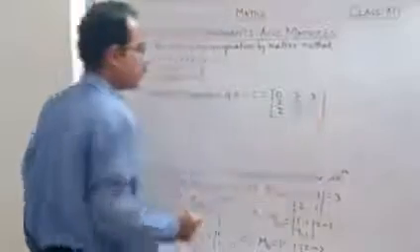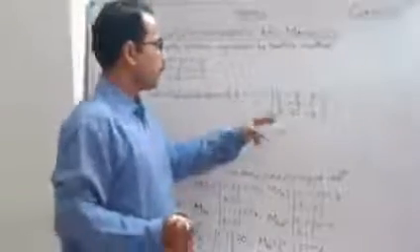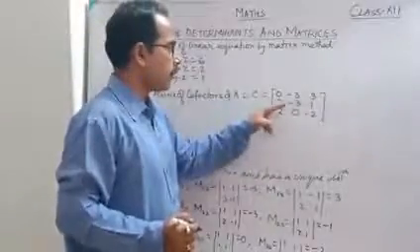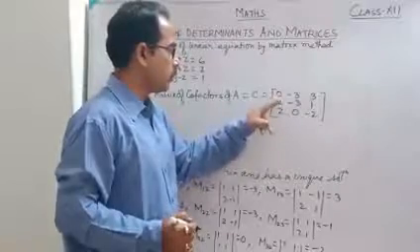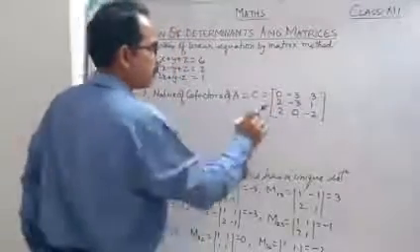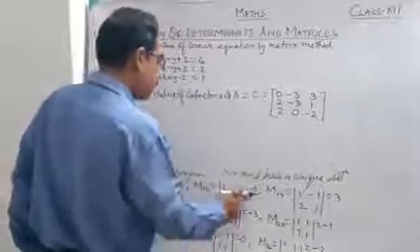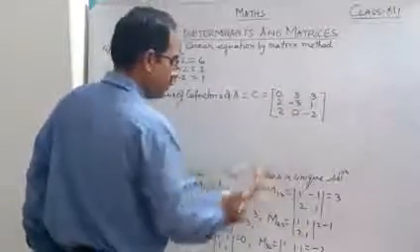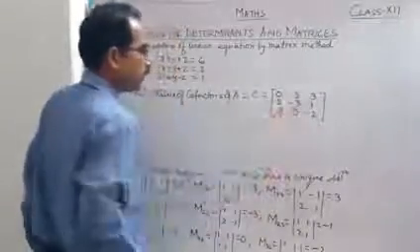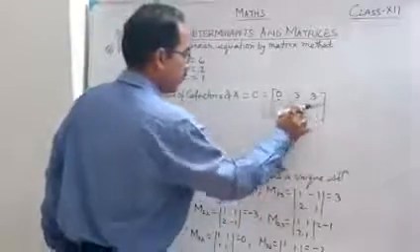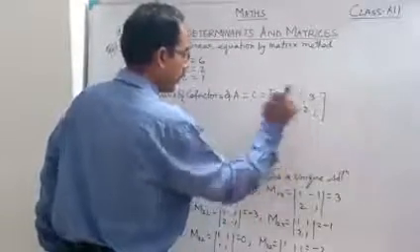Okay, students? So this is the matrix of the cofactors you have got: 0 3 3, then 2 minus 3 1, 2 0 minus 2. Correct?